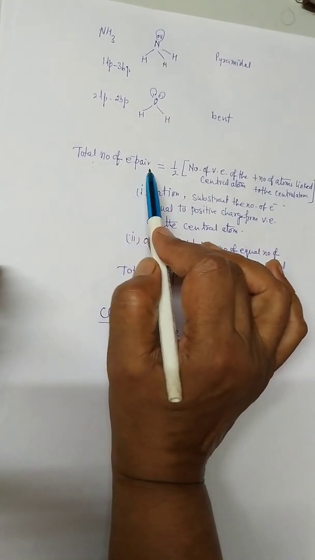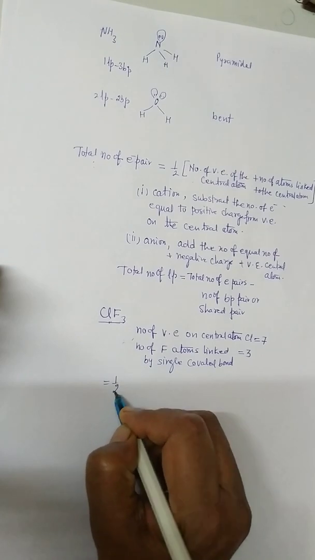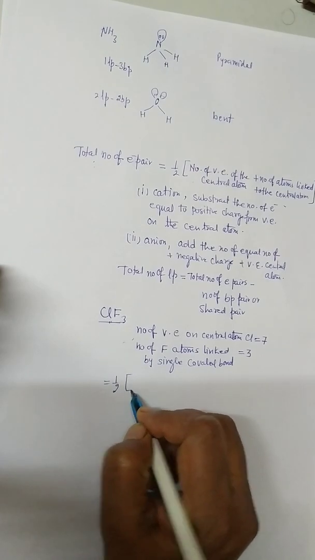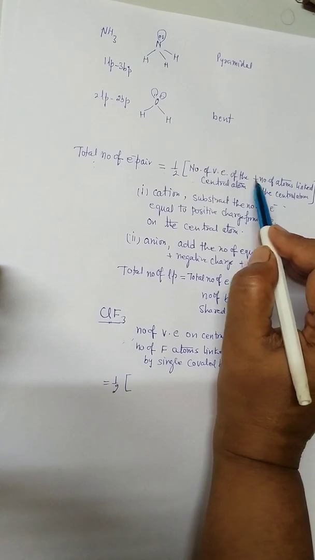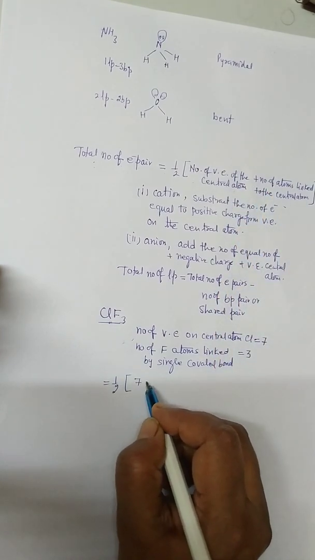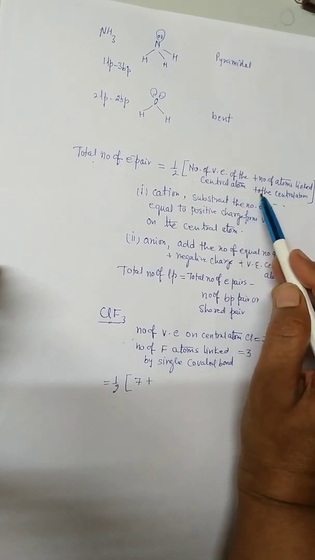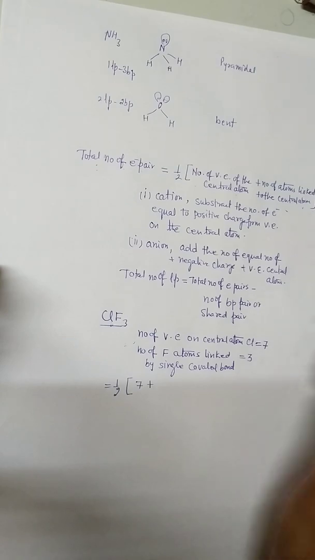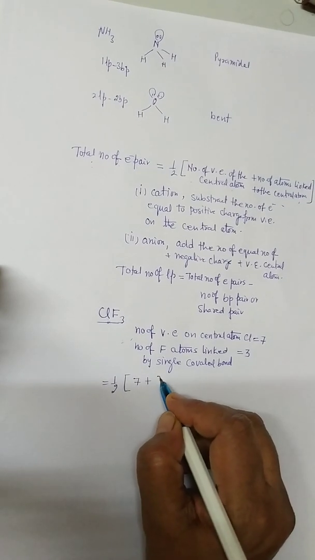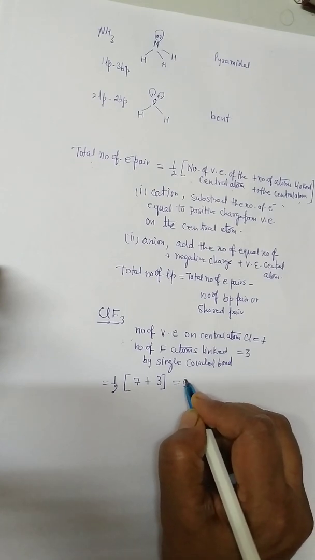Total number of electron pairs is equal to half into the number of valence electrons of the central atom, that is 7, plus the number of atoms linked to the central atom by single covalent bond, that is 3. So in total it is coming 5.